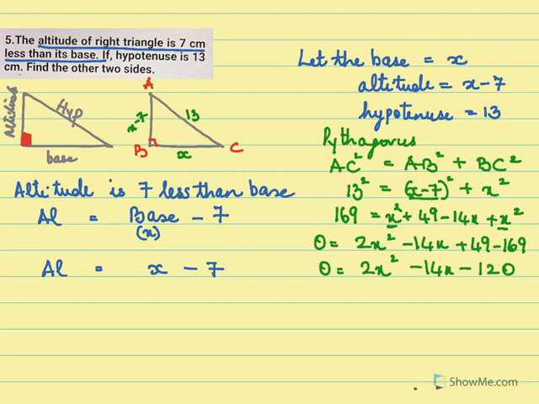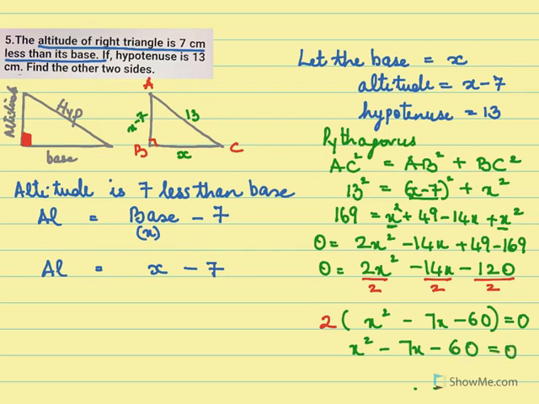Now if you look at this, I can divide this by 2, and this by 2, and this by 2. So I take 2 common out, and what remains here will be x square minus 7x minus 60 equal to 0. So this is my equation, x square minus 7x minus 60 equal to 0.